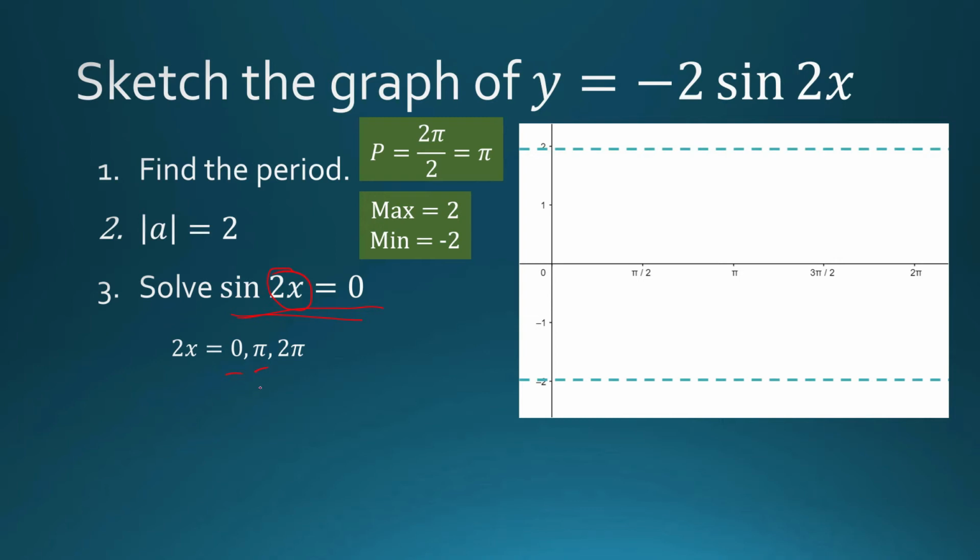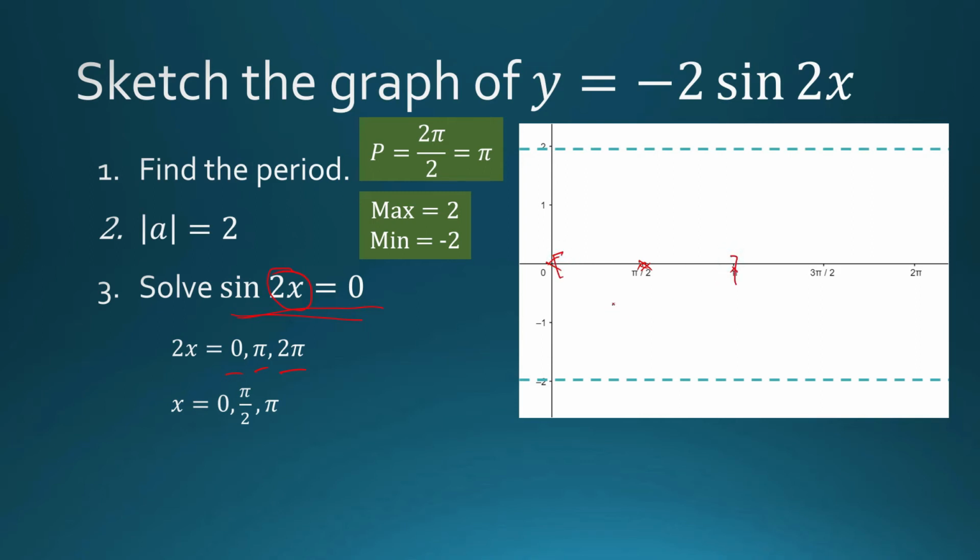Sine of pi is 0. Sine of 2 pi is 0. So solving for x, x is equal to 0, pi over 2, and 2 pi divided by 2 is pi. Okay, so let us plot them: 0, pi over 2, and pi. So you will have one sine curve in this interval from 0 to pi.